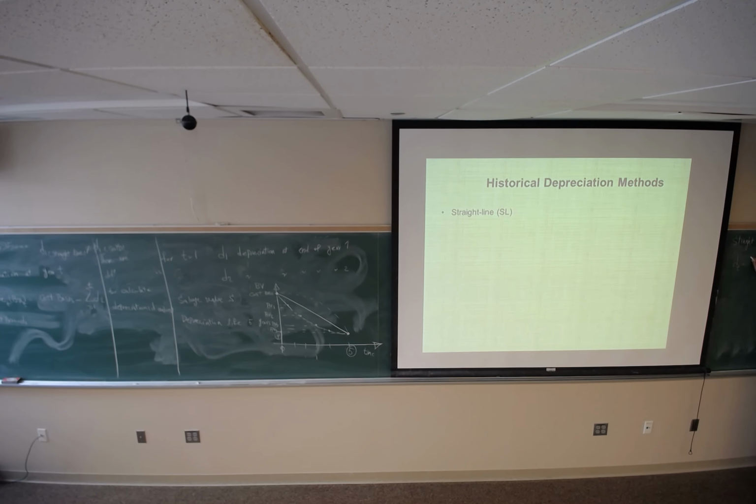You need to know the cost basis, or B, which is how much you paid for the equipment plus how much you paid to make it ready to be used in the production line. And S is the salvage value, and N is the depreciation life.